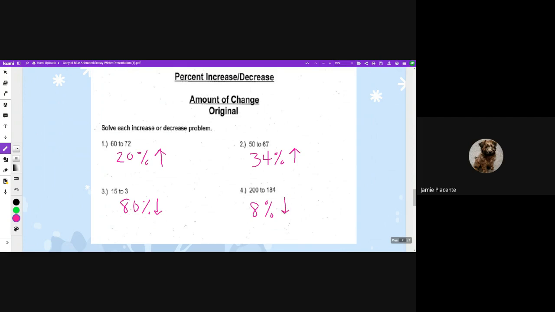Okay, I have my answers up there. You should have the formula with all the work and everything plugged in, but I just threw the answers up there. An arrow up is an increase, an arrow down is decrease. Hopefully we have the idea of this.